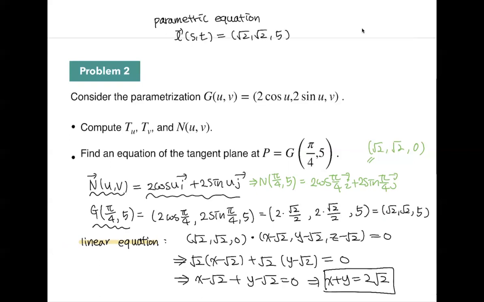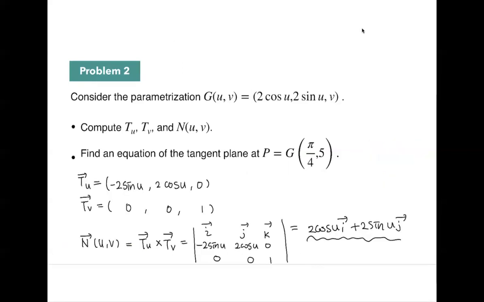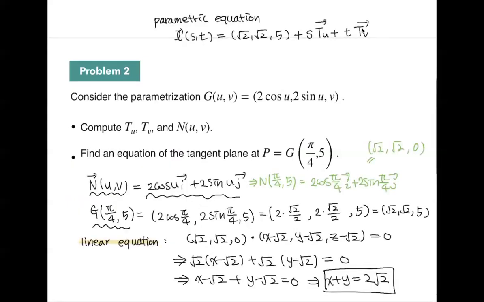It is the given point, and we need to find the two vectors, Tu and Tv. At the previous page, you can see that Tu and Tv are given like this, so let's copy and paste here.